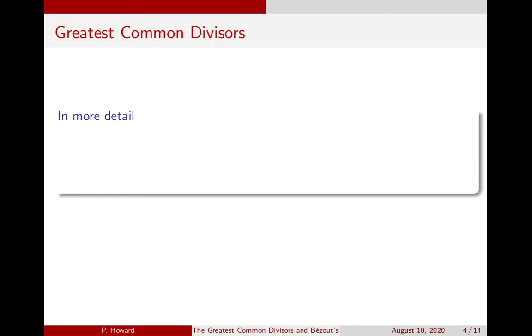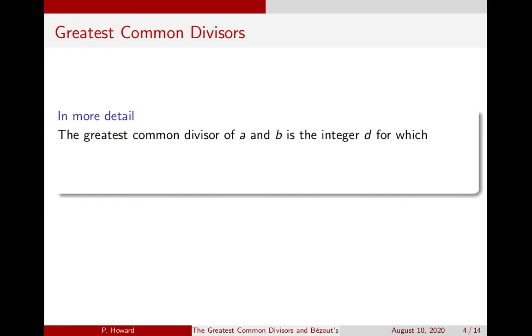Now here's a second version of the definition in a little more detail. So we have two integers again, a and b, at least one of which is non-zero. The greatest common divisor is the integer d, for which d is a divisor of a and d is a divisor of b.